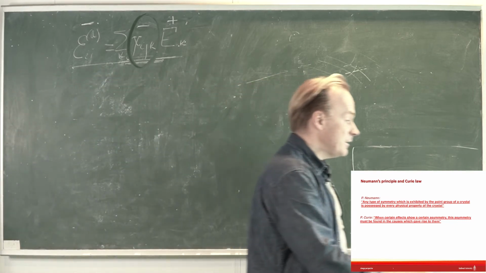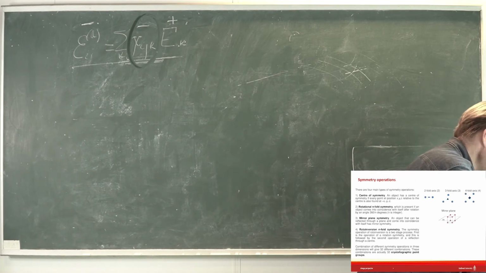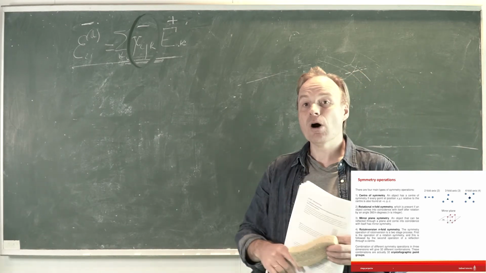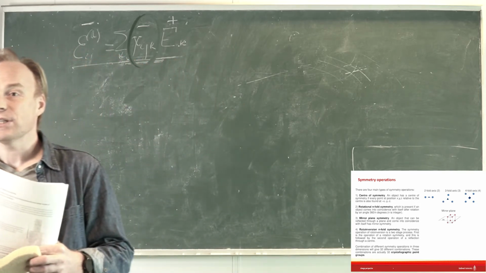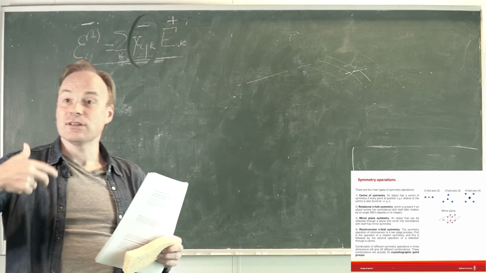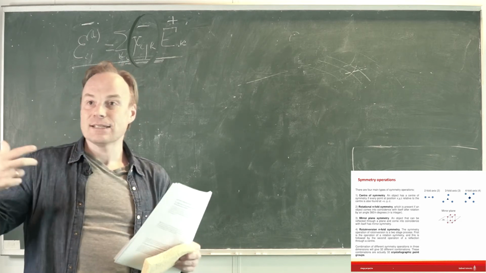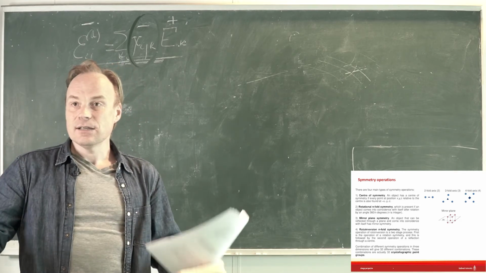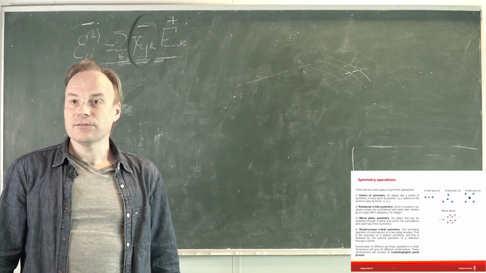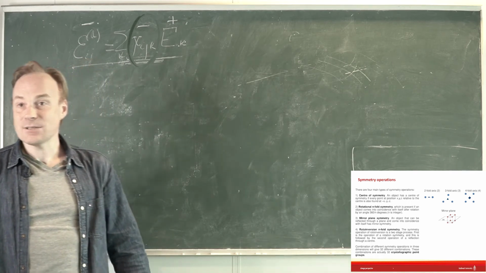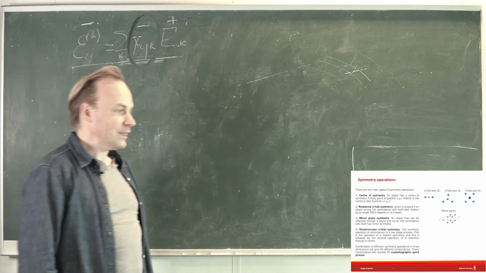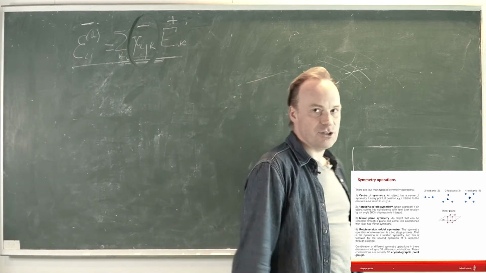But now, if you talk about crystals, we have many more symmetry operations. Next to the center of symmetry, when an object has a center of symmetry such that every point at the position x, y, z relative to the center is also found at minus x, minus y, minus z, in this case we will call it a centrosymmetric medium.